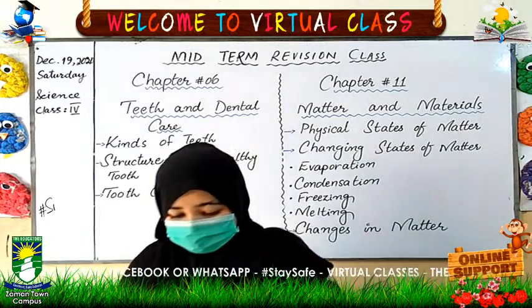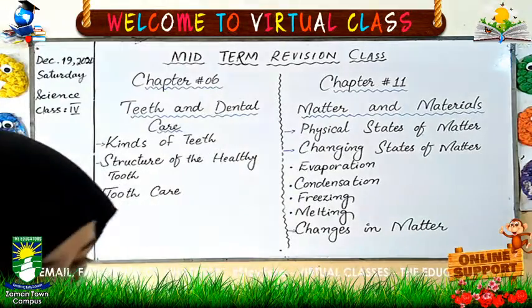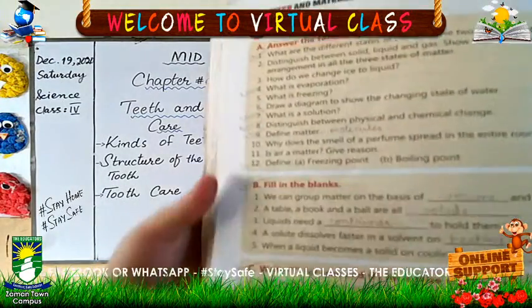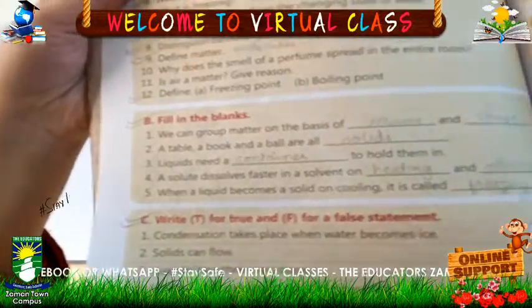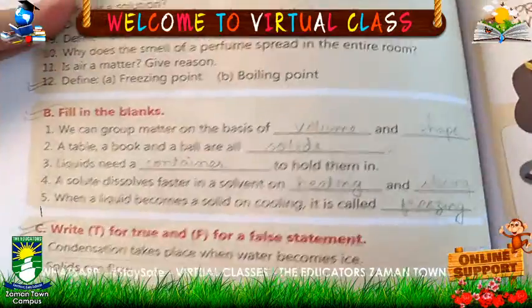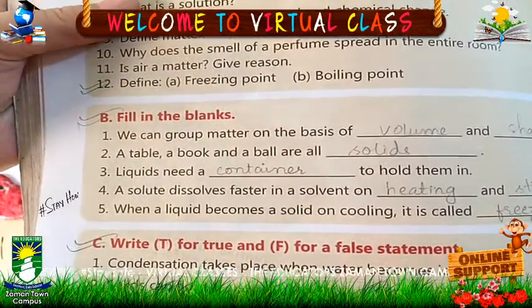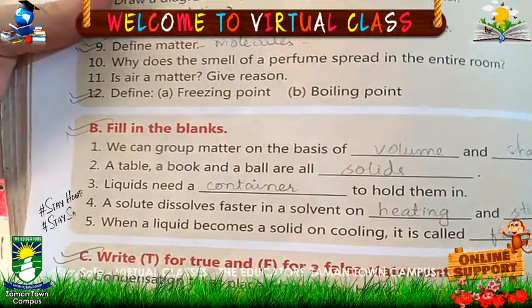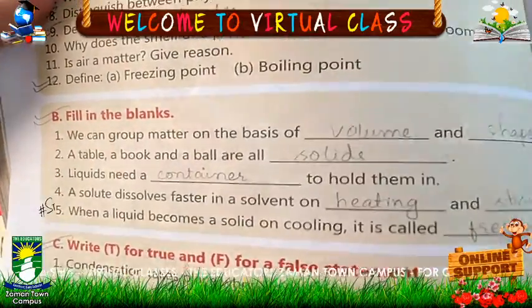Now come to the next page, page number 102. Here we have exercise B. Number 1 is fill in the blanks. Number 1: we can group matter on the basis of volume and shape.